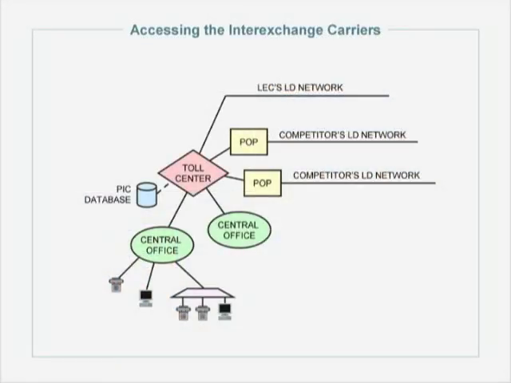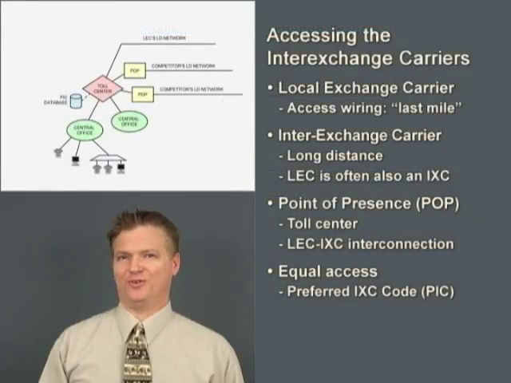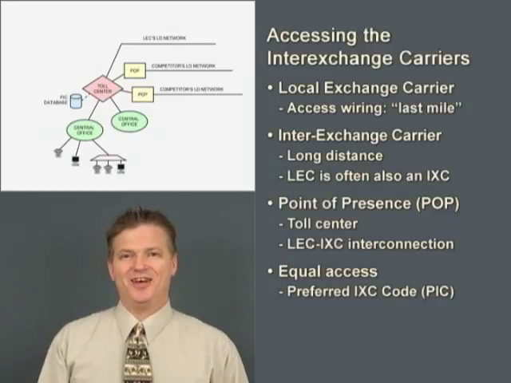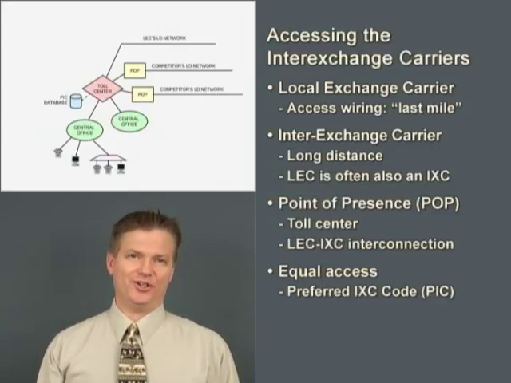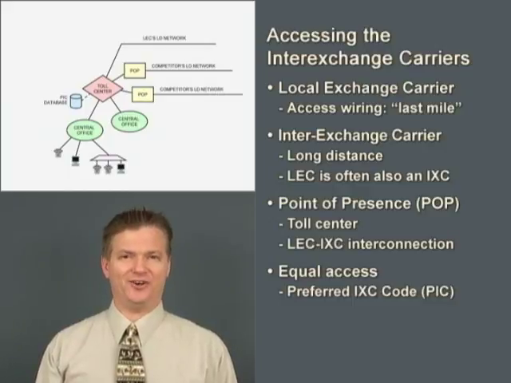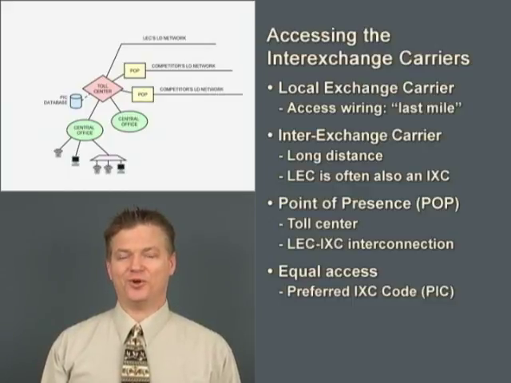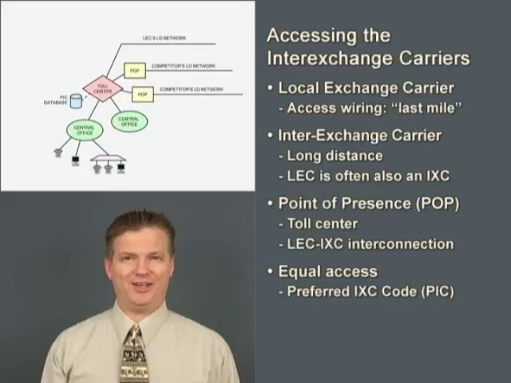With a situation like this, if you pick up your phone and you dial 1212 to make a phone call to New York City, which of these long-distance networks are you going to use? Well, it's whichever one you selected. We have equal access, which means that your choice of long-distance carrier is pre-selected and recorded in a database called the PIC database, the Preferred Inter-Exchange Carrier database.